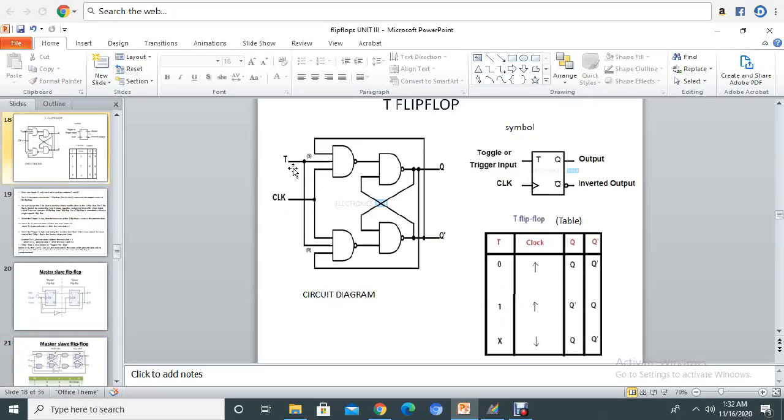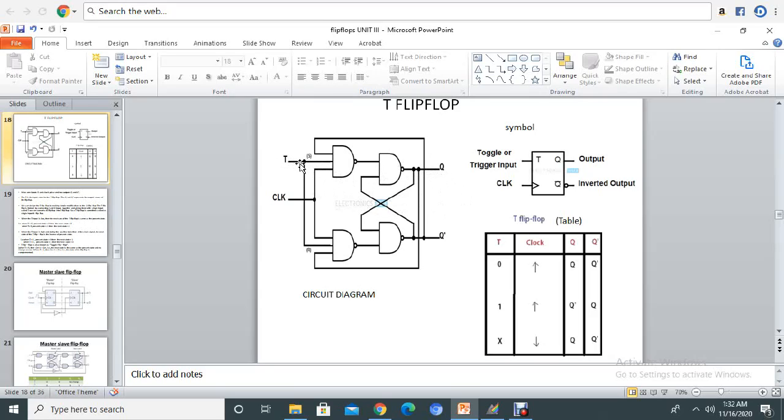If T is equal to 1, J is equal to 1, K is equal to 1. In JK flip-flop, if J is equal to 1 and K is equal to 1, then you will get the toggled output, that means Q bar. So when T is equal to 0, there is no change in the output.